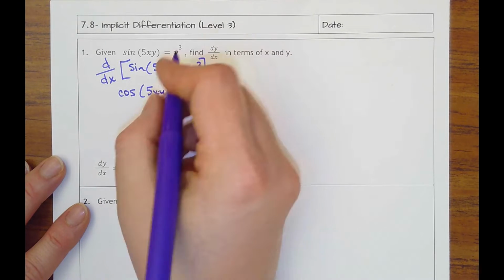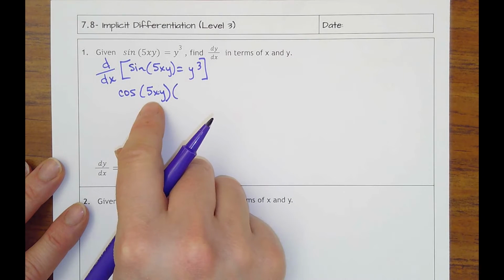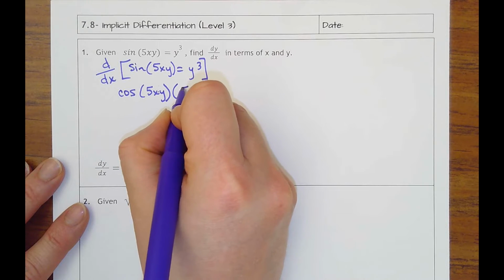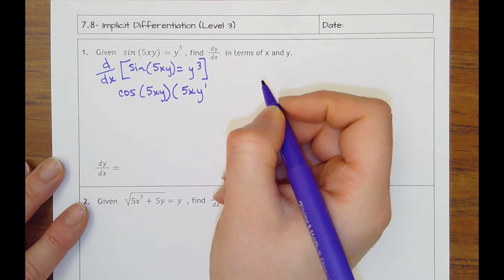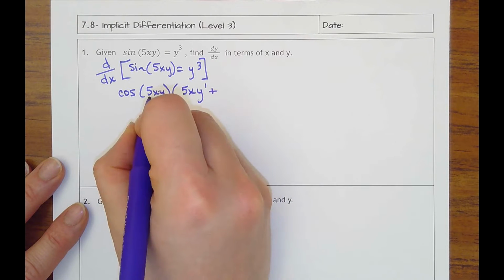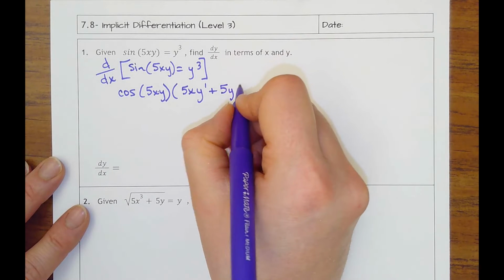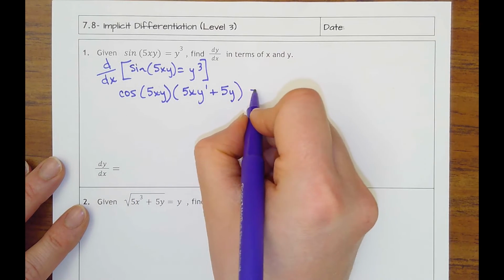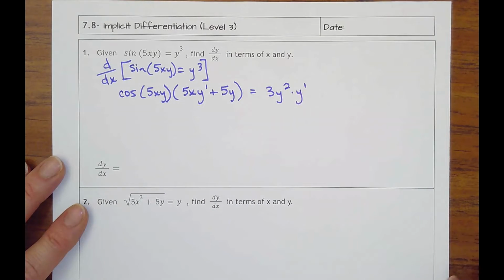So we've got this times, I'm going to keep 5x, and then times the derivative of y, plus I'm going to take the derivative of 5x times normal y. Okay, and then equals 3y squared times y prime.